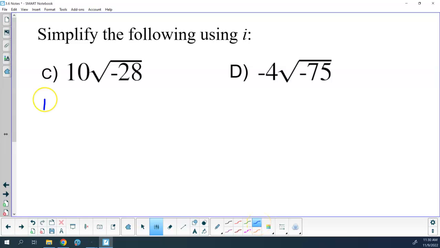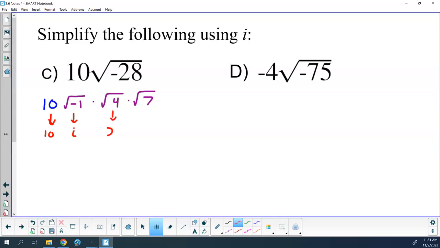So 10 is free. Square root of 28 should become the square root of negative 1 times the square root of 4 times the square root of 7, because negative 1 times 4 times 7 is negative 28. So then this one becomes i. 10 stays 10.